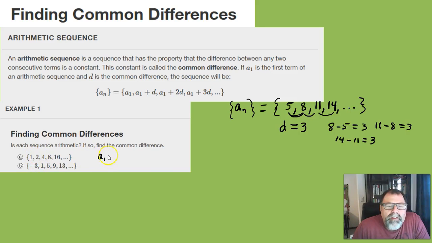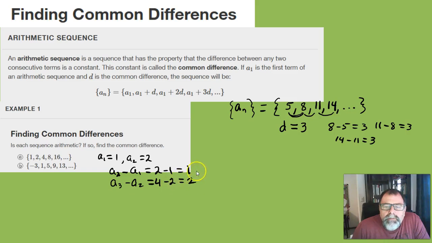So if a sub 1 is 1 and a sub 2 is 2, a sub 2 minus a sub 1 is 1, and then if you do a sub 3 minus a sub 2, we get 4 minus 2, which is 2. So no, this is not arithmetic.